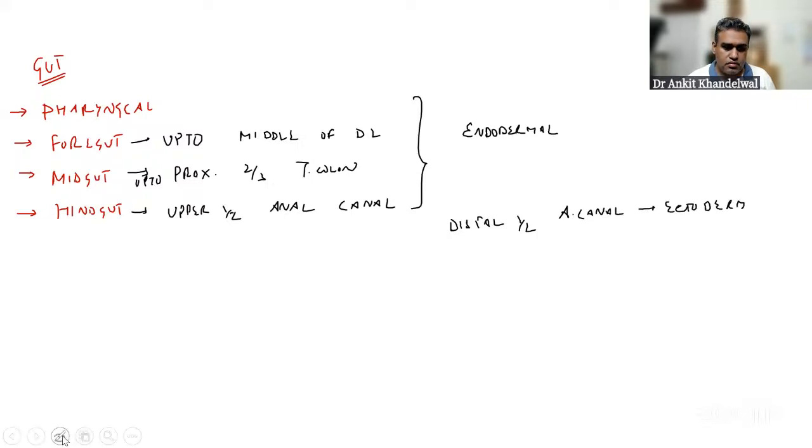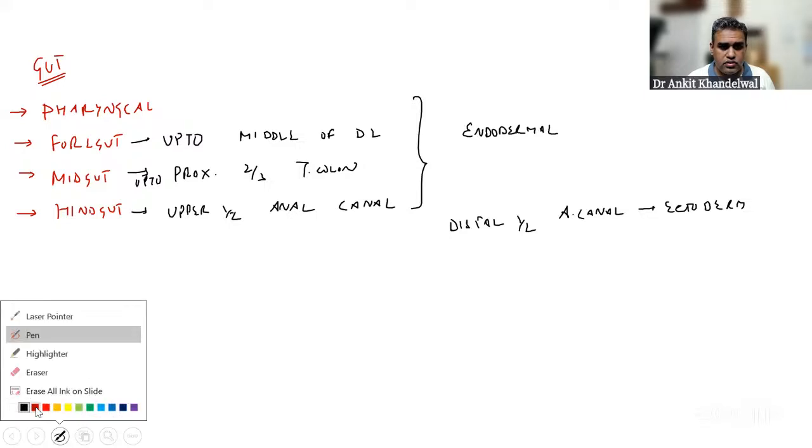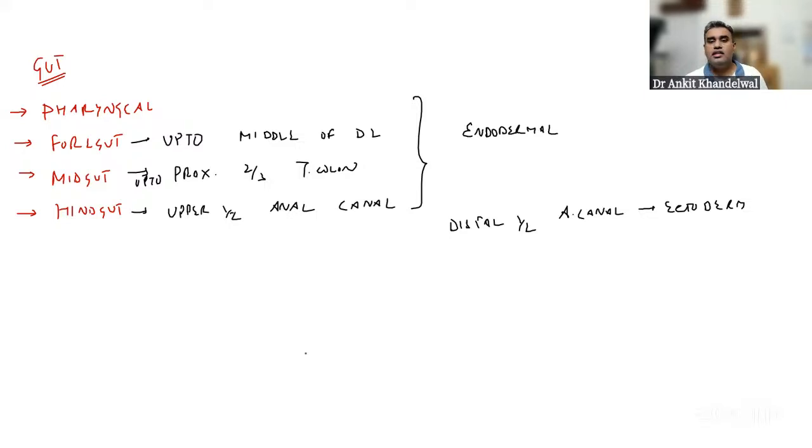And one more thing, which you will learn more in your gross anatomy: the junction of the upper half and the distal half of the anal canal, where we had that cloacal membrane, is also known as the dentate line or pectinate line. So that junction between the endoderm part of the anal canal and the ectoderm part is the dentate line or pectinate line. Do remember that.